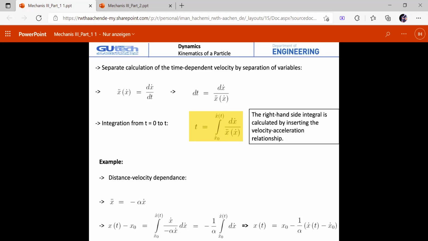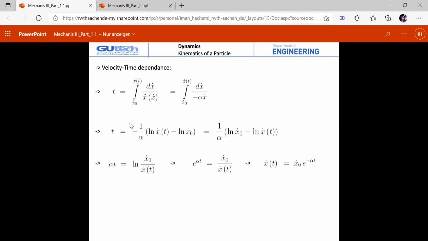Then we have minus alpha, and we integrate x dot. That means the position xt is equal to the initial position x0 minus 1 over alpha, times the actual velocity minus the initial velocity.